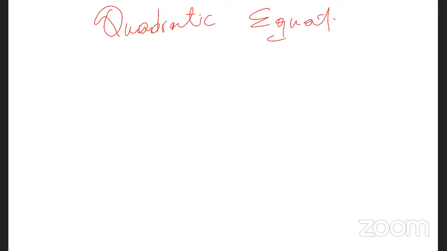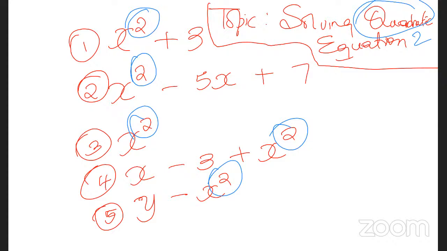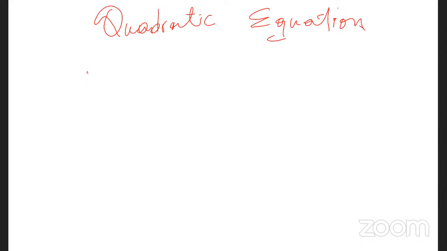All right. So now that we know quadratic expressions, let's look at quadratic equations. If I go back to the first page and I take x squared plus 3, and I just add equals 0, right there I have an equation.